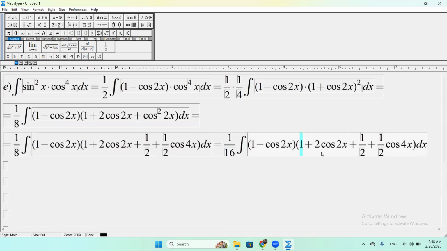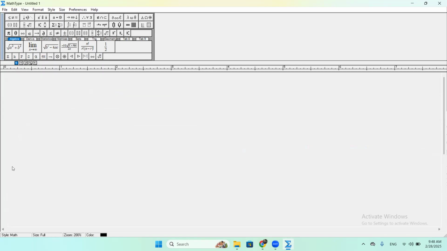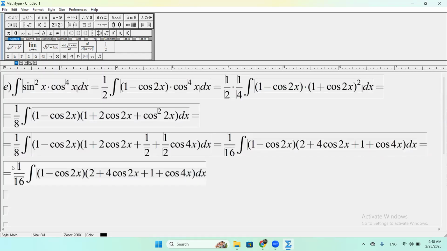So 2, 4, 1, and 1. Okay, now let's expand the brackets. Let's multiply everything, and then we will do other transforms.